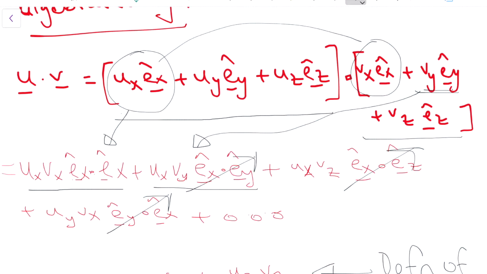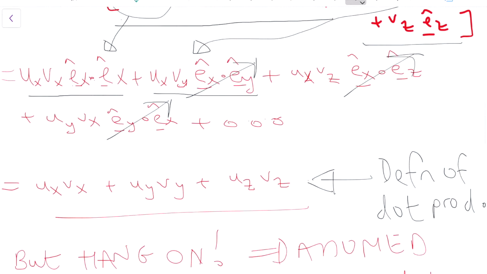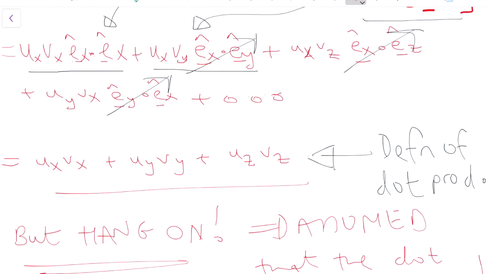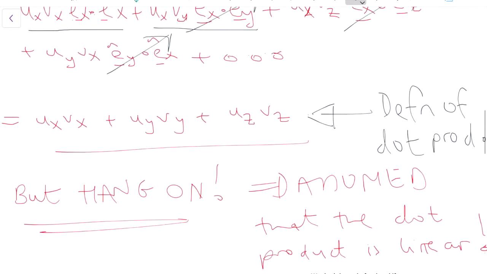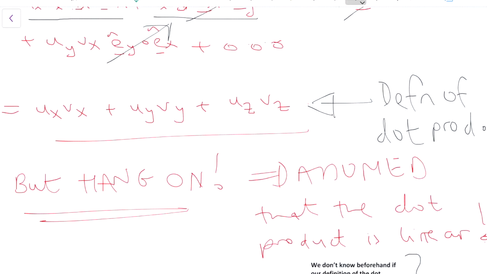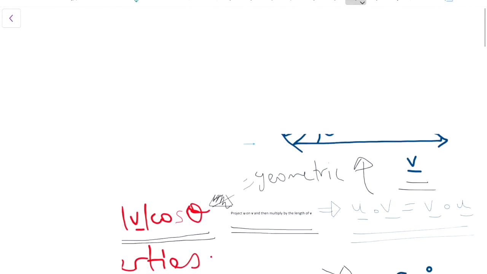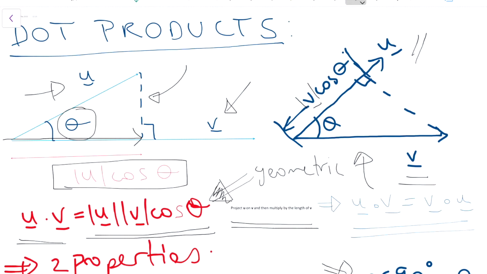But clearly it can be derived using the geometric definition. Some of you have realized that, hang on a minute, we've assumed that the dot product is linear, and we don't know beforehand that our definition of a dot product as a projection agrees with linearity. So we don't know whether the process shown in the first picture, where we project u onto v and then multiply by the length of v, is linear.